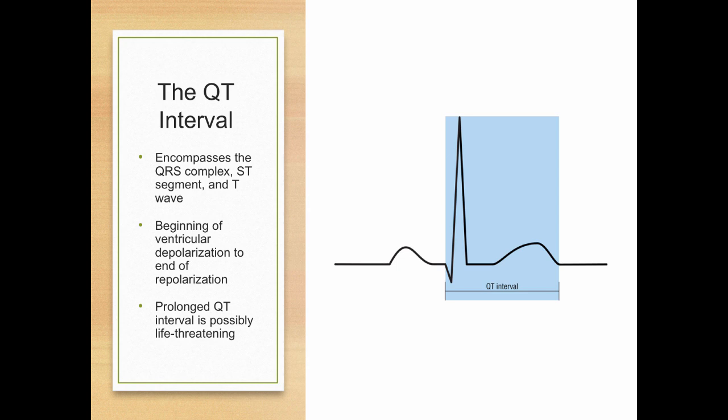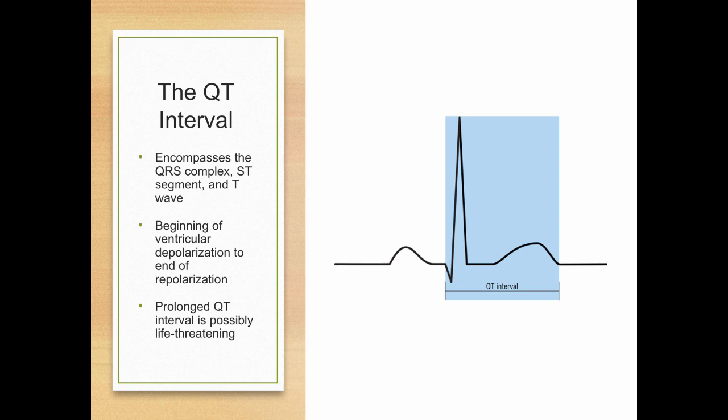But we're going to continue on. We're going to talk about this QT interval. We're going to measure from the beginning of the QRS complex to the very end of our T wave. That's going to be our QT interval.